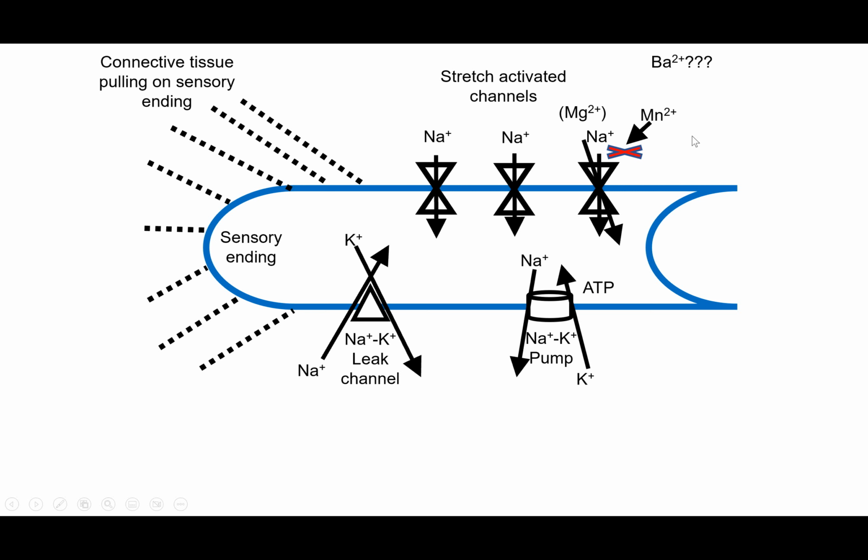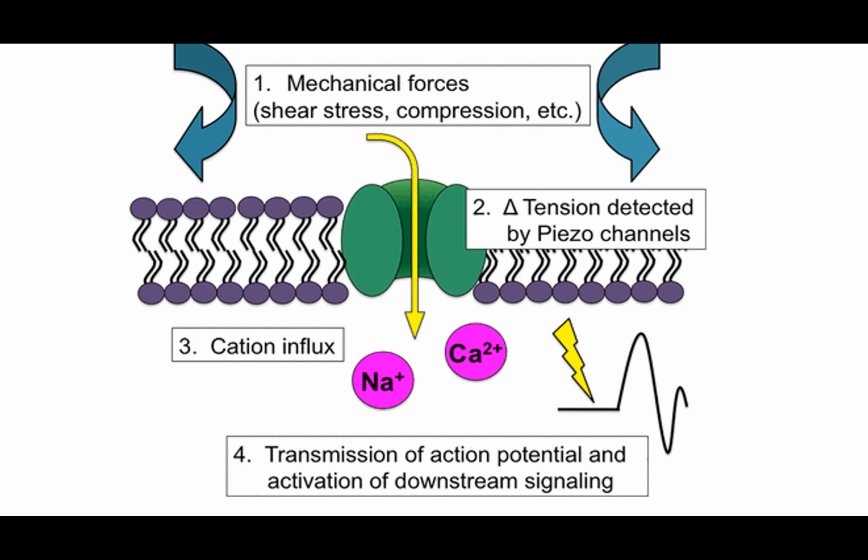What would zinc do, for example? Maybe it would block these stretch-activated ion channels and they can't open. That could be a possibility. It might block that. That's what I thought was going to happen because we did these manganese studies in past years, and we found a decrease in activity. So I thought zinc might do the same thing.